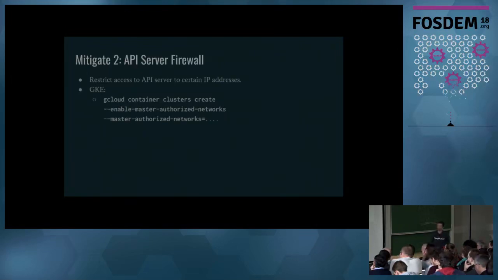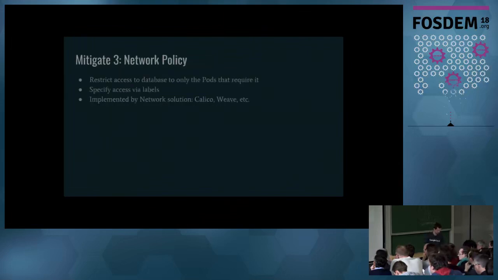Or if you're running this on-prem, then you can use whatever method you want to firewall that. That will make it so that folks can't access the API server externally. Of course, they can still tunnel through the front end if they have access to it.